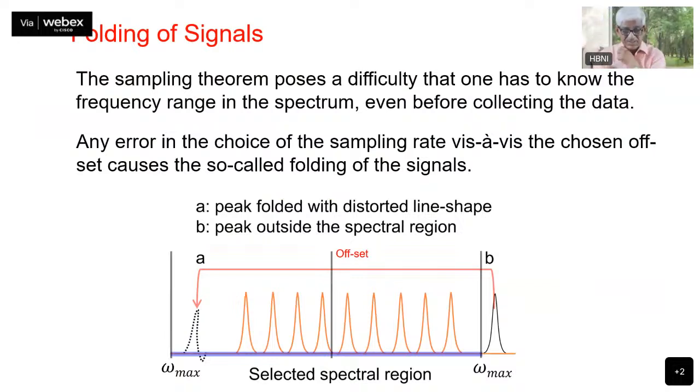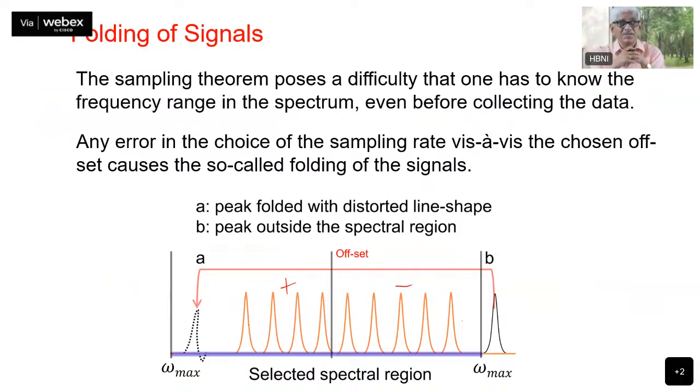So let us see the situation here. Here is the spectral range from here to here, between the two black lines. This is the spectral range you have given, and accordingly you have kept your offset in the middle here, and you are doing quadrature detection. So in your sample, you have frequencies on this side as well as on this side. Let's call these positive frequencies and these negative frequencies, and quadrature detection is able to select them.